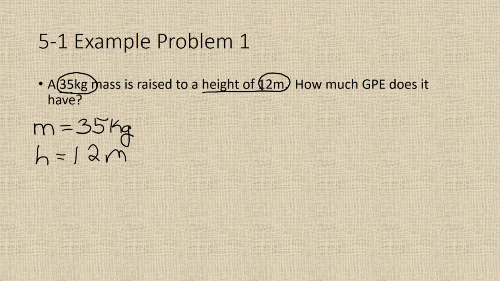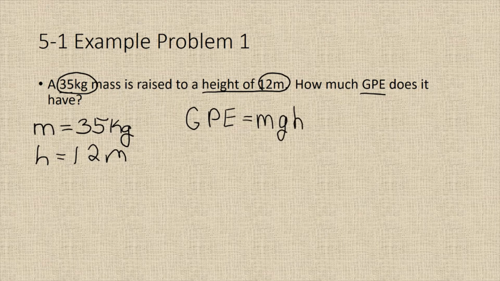And so the question asks, how much gravitational potential energy does it have? So GPE is equal to mass times gravity times height. And we know gravity is always 10 meters per second squared.